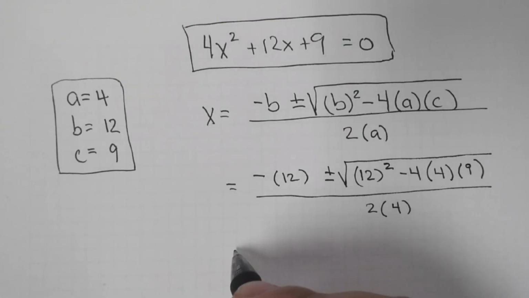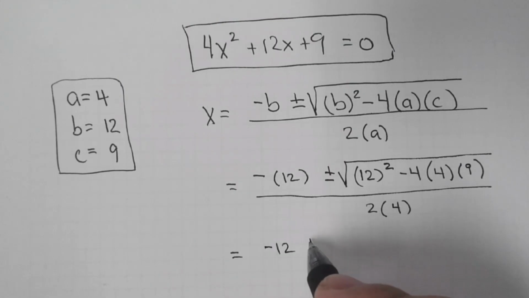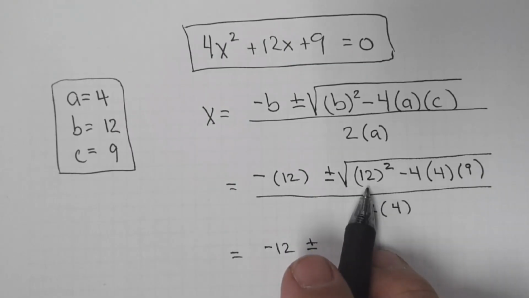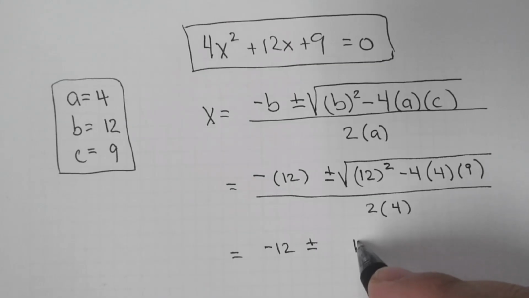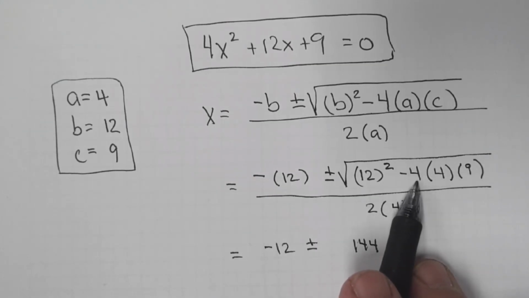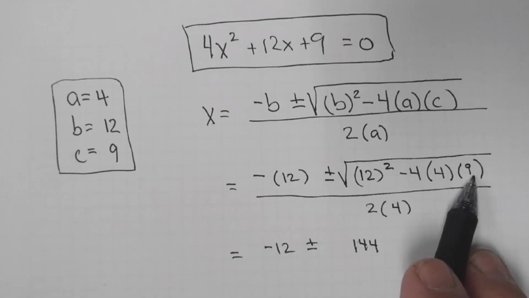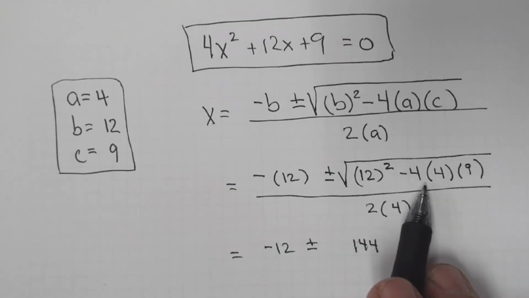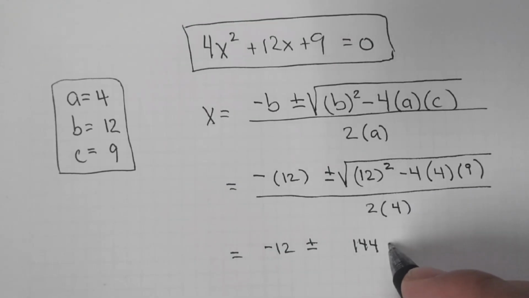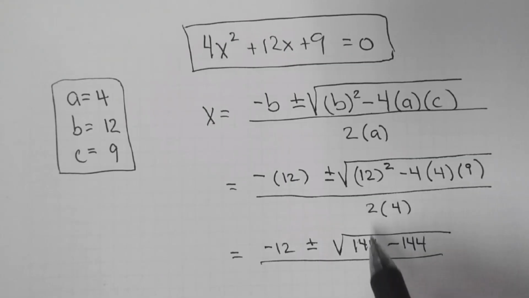Here, this is going to be negative 12 plus or minus. 12 squared is 144. And then over here we have 4 times 4 times 9, so this is going to be 16 times 9, which is 144, but it's a negative 144. All of it divided by 8, because 2 times 4 is 8.